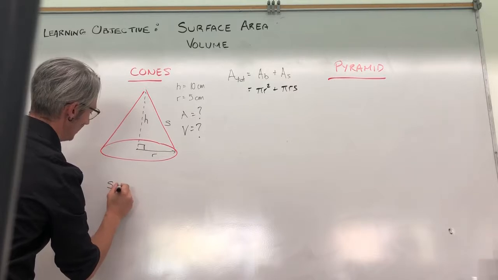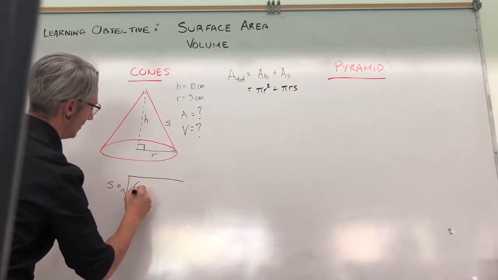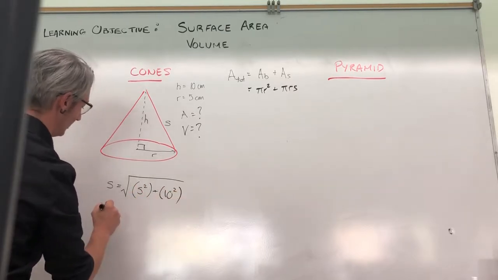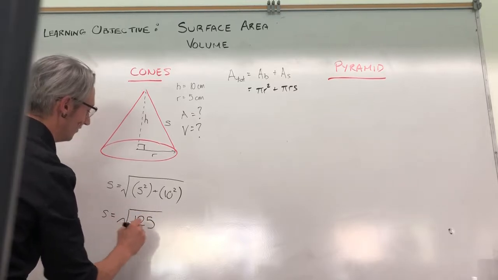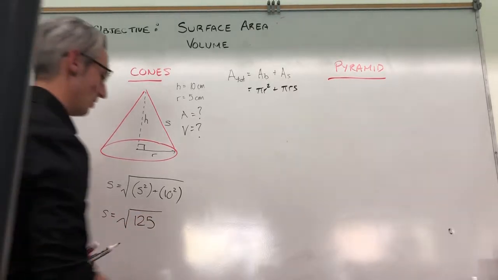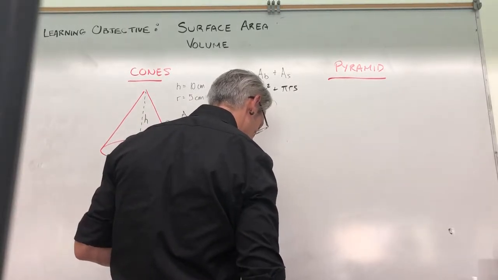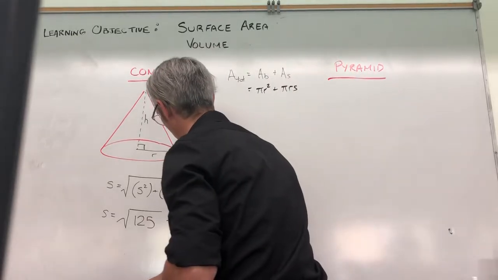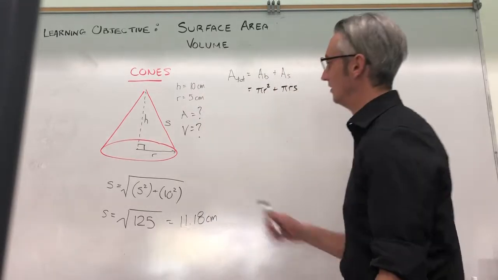So I know that s is equal to the square root of 5 squared plus 10 squared, which is the square root of 125. Square root of 125 is 11.18. I'm going to keep it to 2 decimals, 11.18 centimeters. So that's that length.